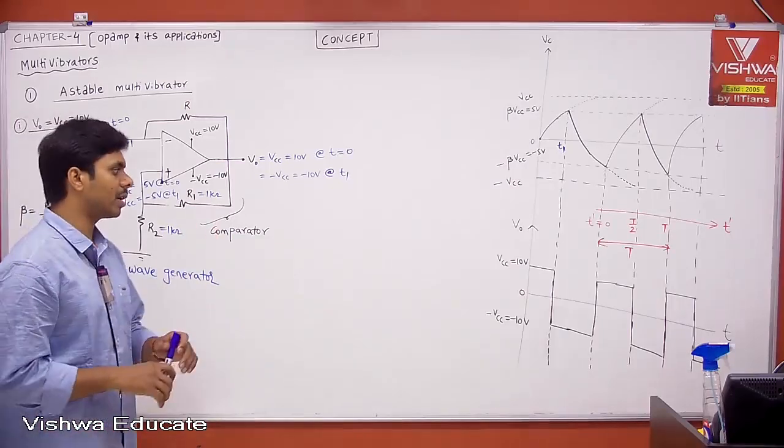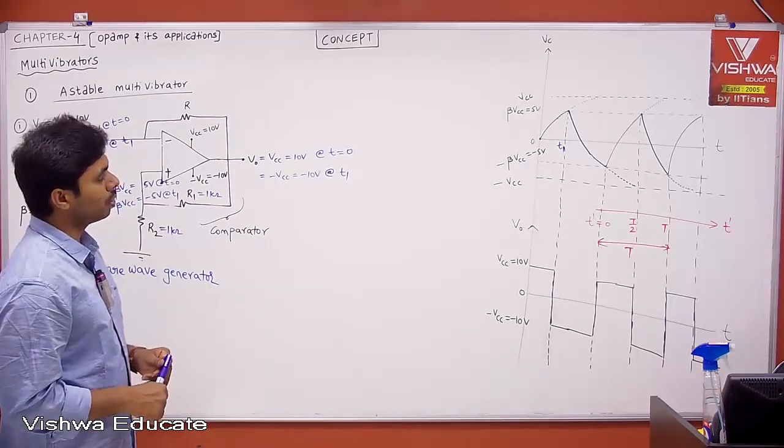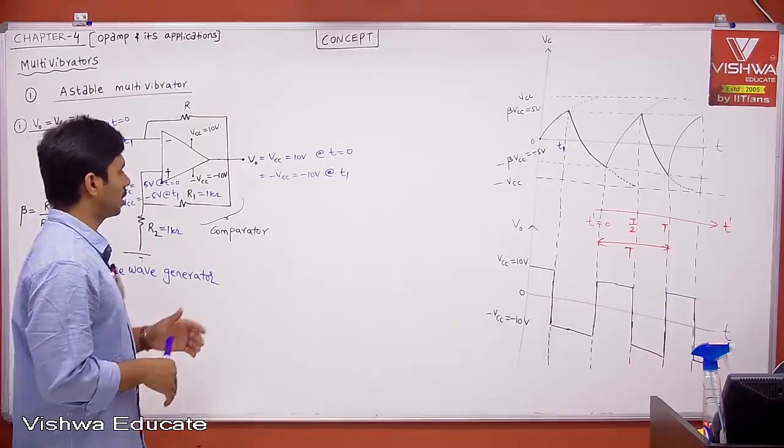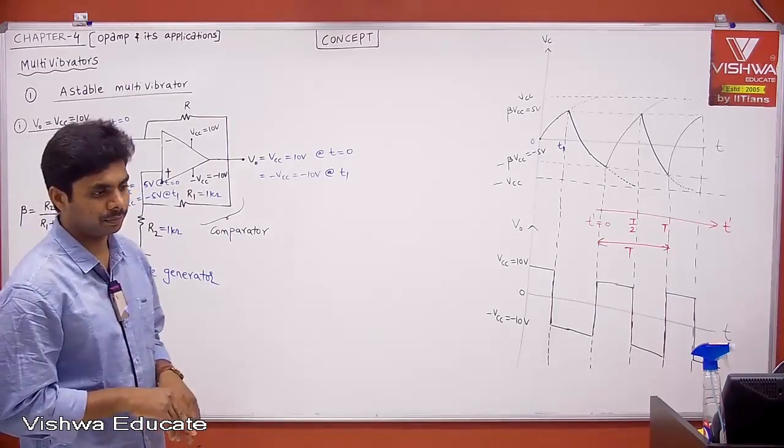If you understand the timing diagram, for both VC, voltage across the capacitor, and output voltage, I think you understood.